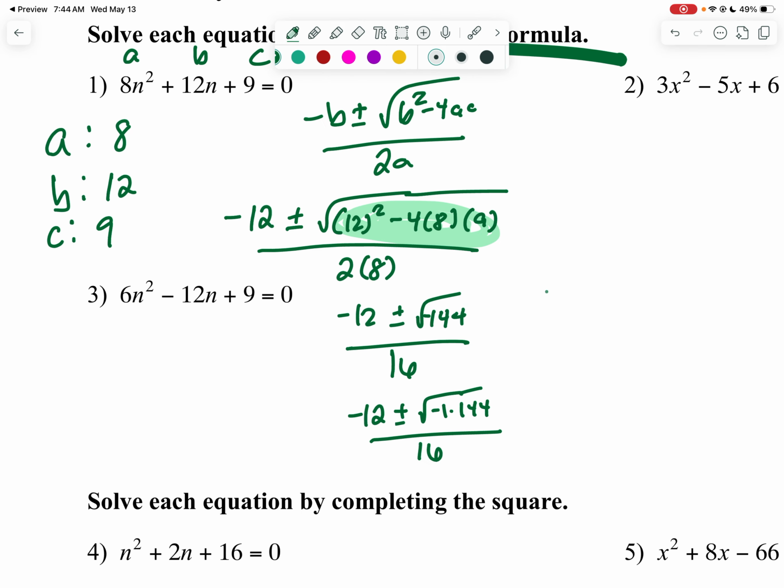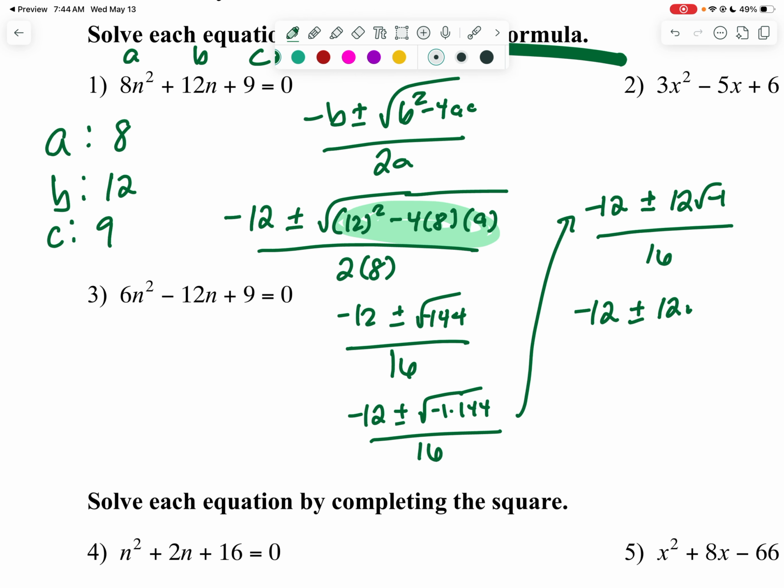So now we get negative 12 plus or minus 12 times the square root of negative 1 over 16. And then we are going to think about the square root of negative 1, which is i. So our answer here is going to be negative 12 plus or minus 12i over 16.